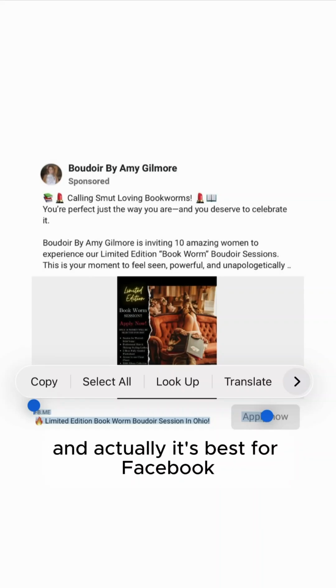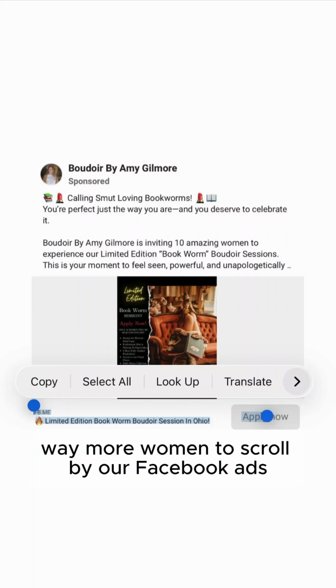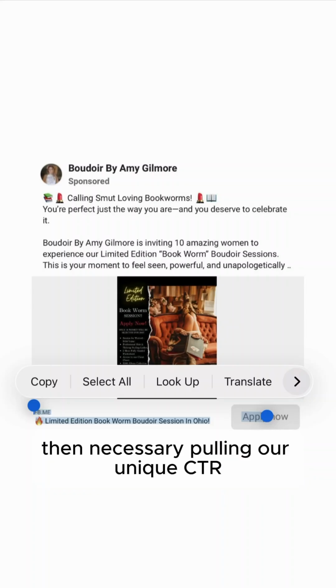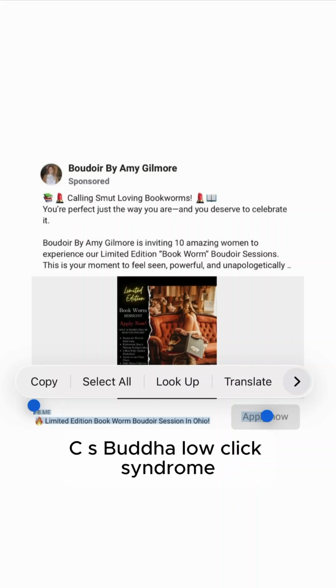And actually it's best for Facebook, it's worse for us when we fill these out. It causes way more women to scroll by our Facebook ads than necessary, pulling our unique CTR all under 6% and contributing to BLCS, Boudoir low click syndrome.